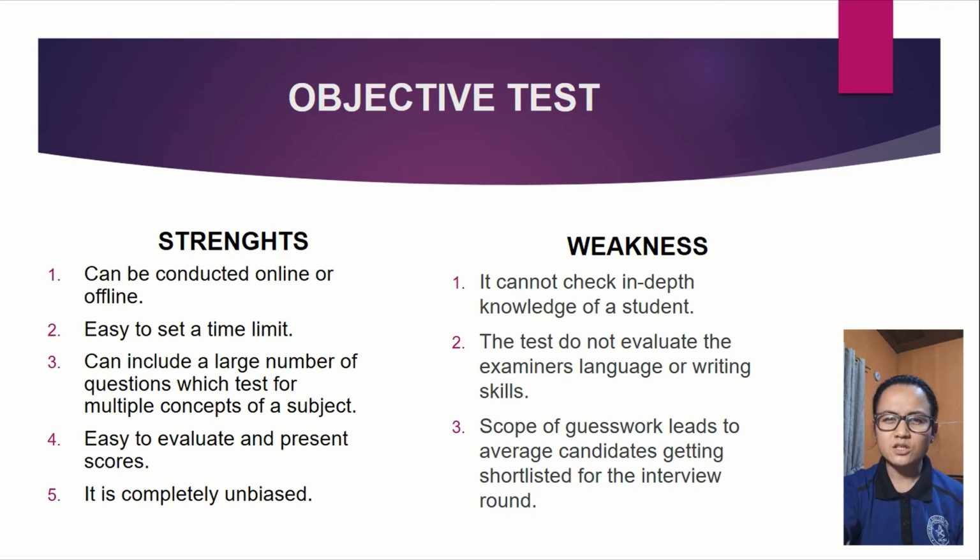Fifth, it is completely unbiased. On the other hand, objective tests also have weaknesses. First, it cannot check in-depth knowledge of a candidate. Second, the tests do not evaluate the examinee's language or writing skills. And lastly, scope of guesswork leads to average candidates getting shortlisted for the interview round.